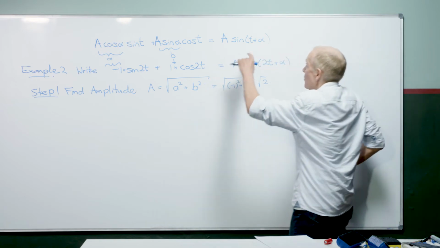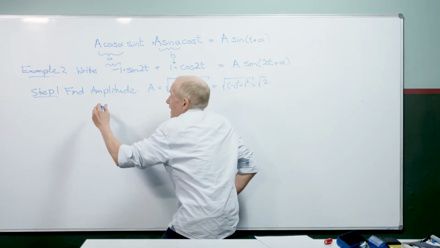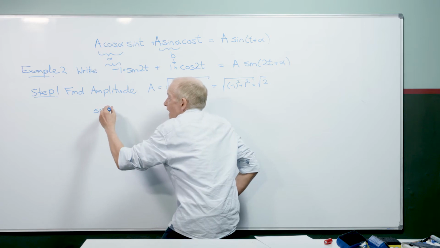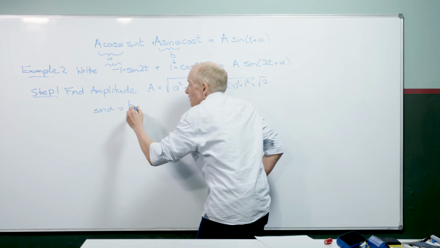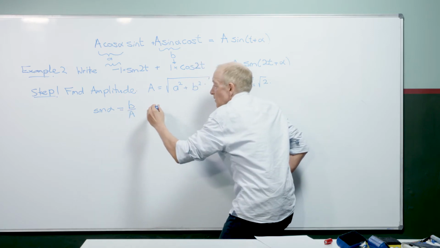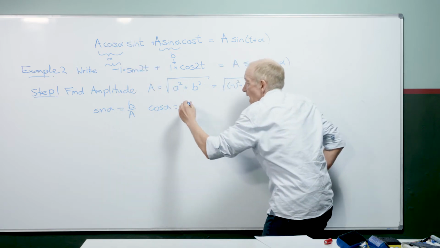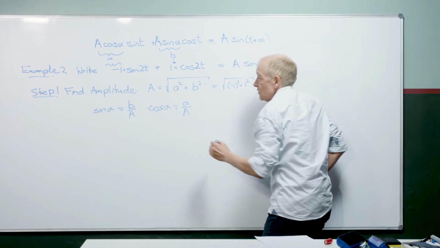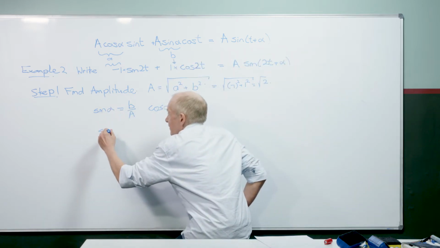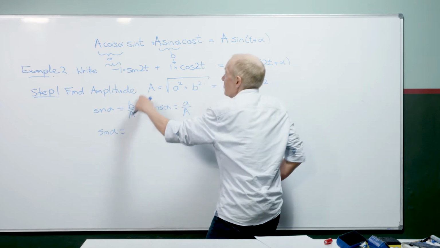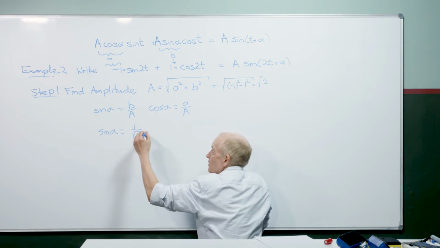So now we need to go on and try and find out what the shift is, what alpha is. We know that sine of alpha is the thing in front of the cos, our b, divided by A, and we know that cos of alpha is the thing in front of the sine, or a, divided by the amplitude. So in this case here, sine of alpha is equal to the thing in front of the cos, which is 1, divided by the amplitude.